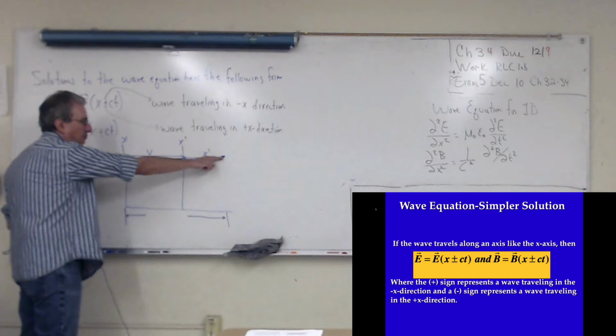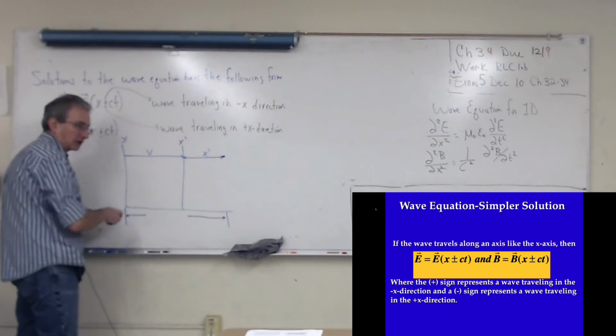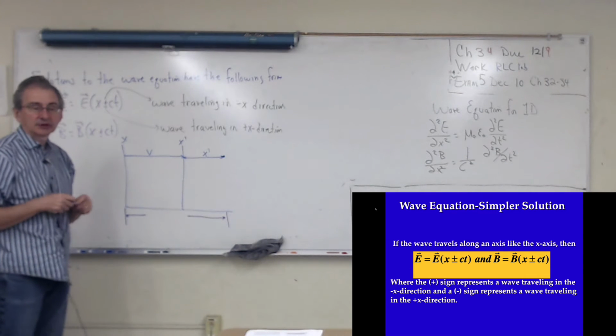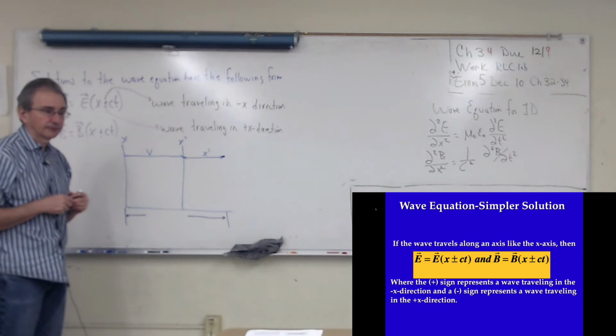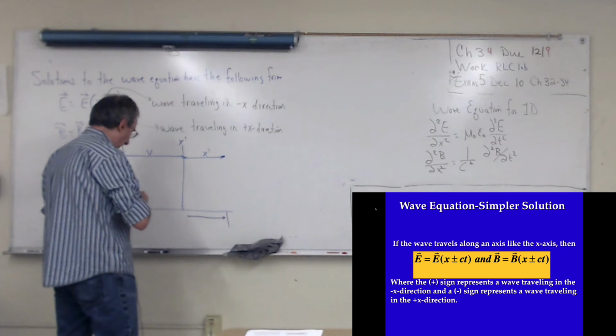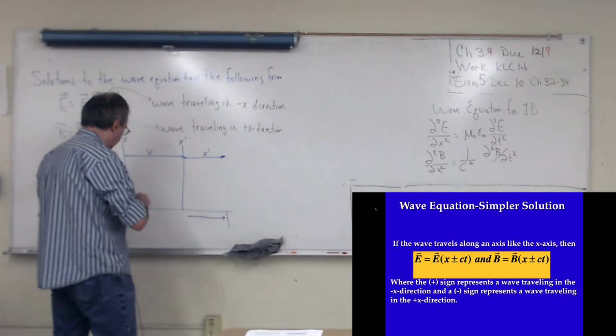What is the location of this point according to this person? Wouldn't it be the sum of the two different distances? Yeah, so let's assume a time t has elapsed.